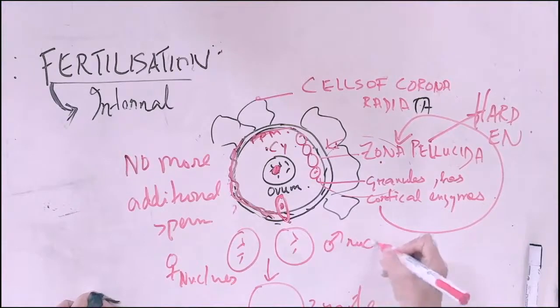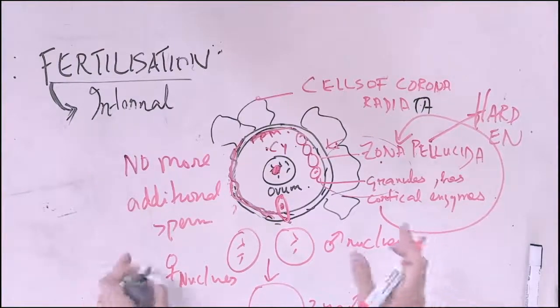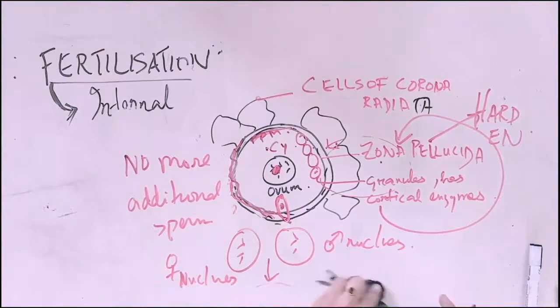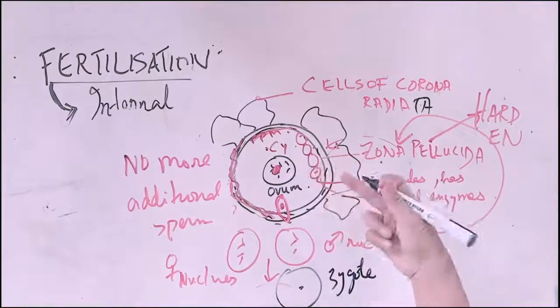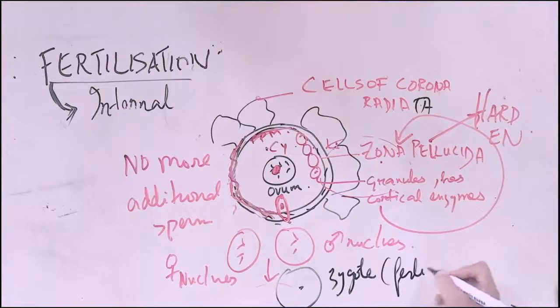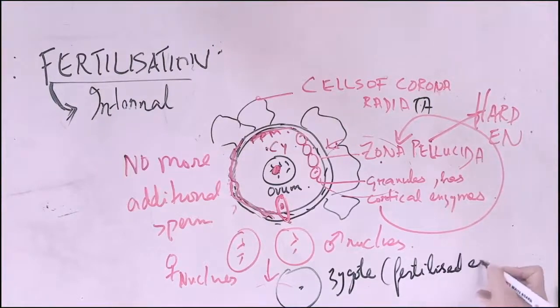Male nucleus. Nucleus contains what? The genetic material. So it will form zygote, and zygote, that means what? Zygote, or what to say, fertilized egg. Egg fertilized here. So the egg is fertilized.